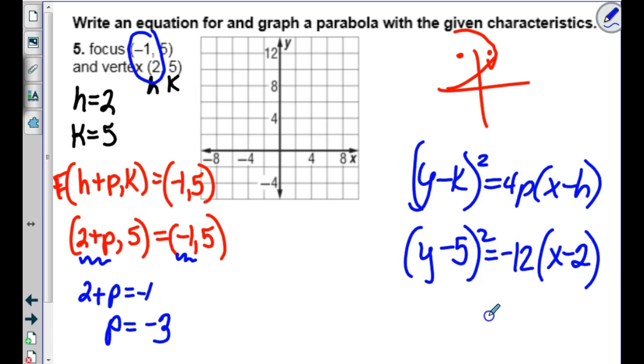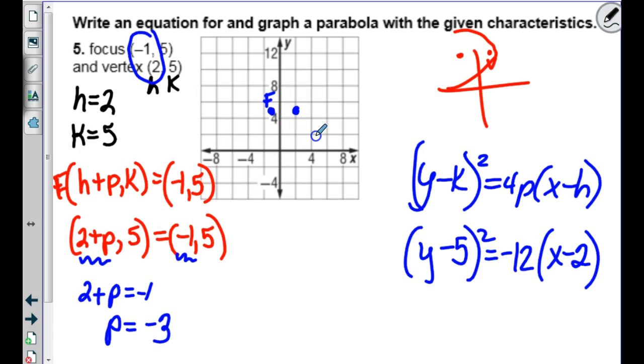That's it. Okay, if we had graphed it, again, the vertex was at 2, 5. The focus was all the way over here at -1, 5. So it's opening this way.